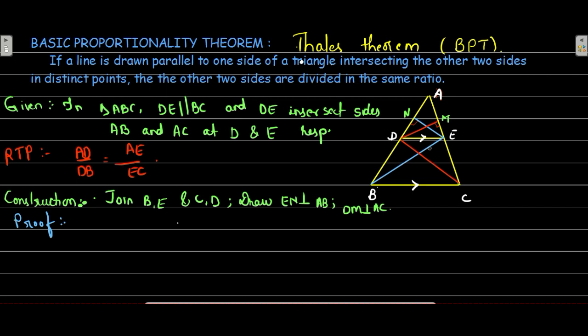In triangle ABC, DE is parallel to BC and DE intersects sides AB and AC at D and E respectively. This is the given information. Now, from this what we have to prove is AD by DB is equal to AE by EC.